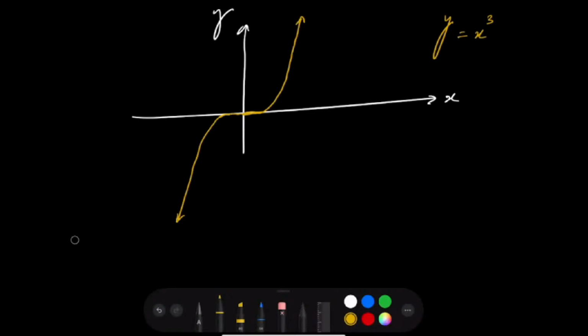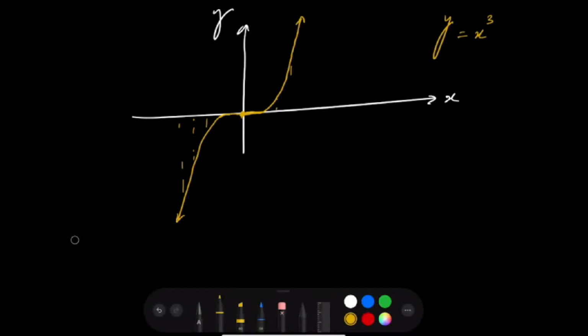Why? Because at 0 the value of y is also 0, at 1 it will be 1, at 2 it will be 8, at 3 it will be 27, and so on. At minus 1, the cube will be minus 1 because you are multiplying a negative number 3 times. At minus 2, it will be minus 8. At minus 3, it will be minus 27.